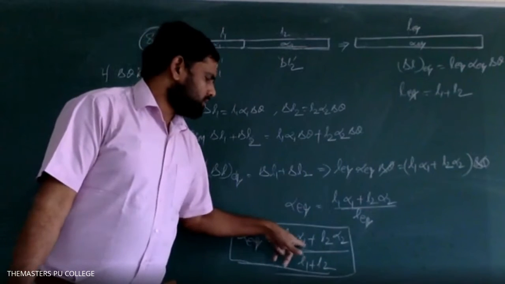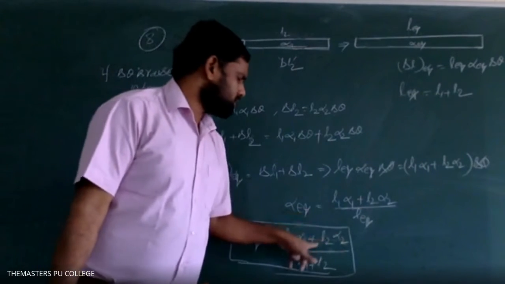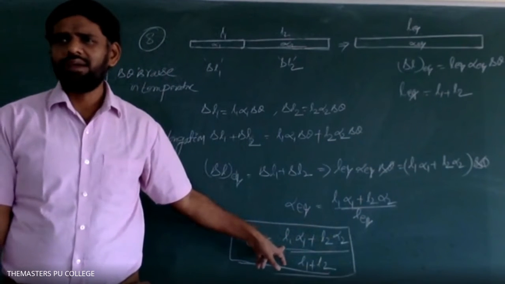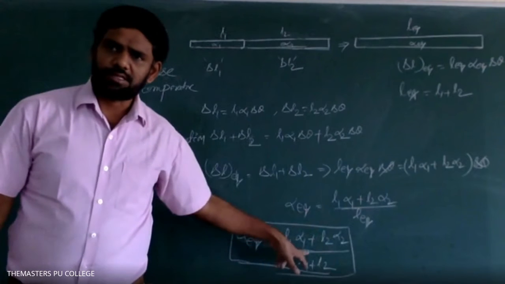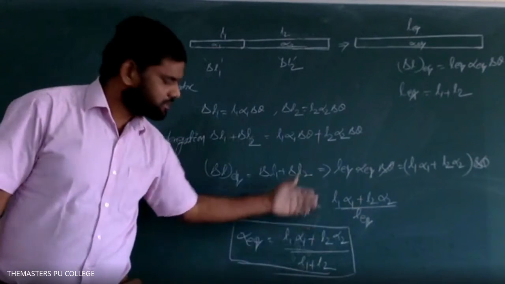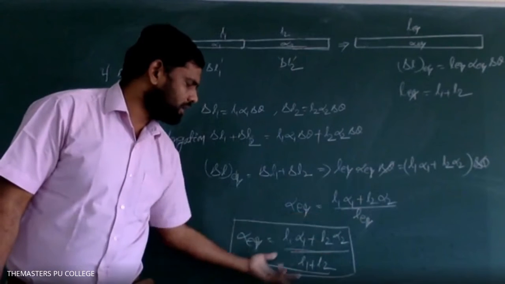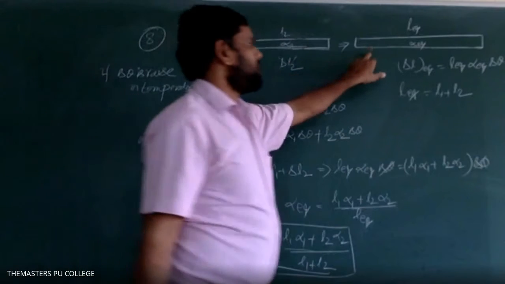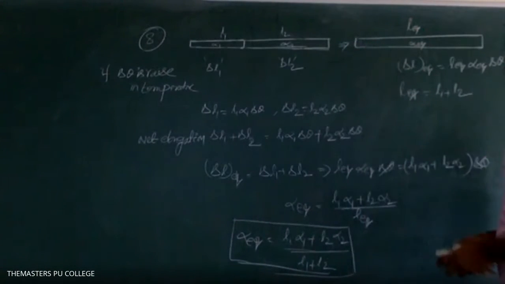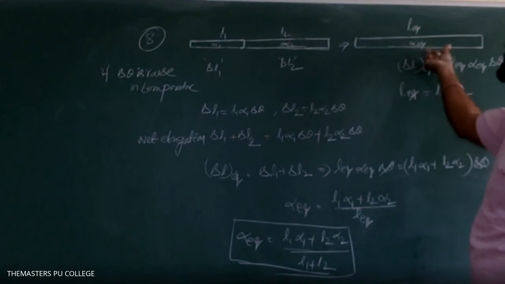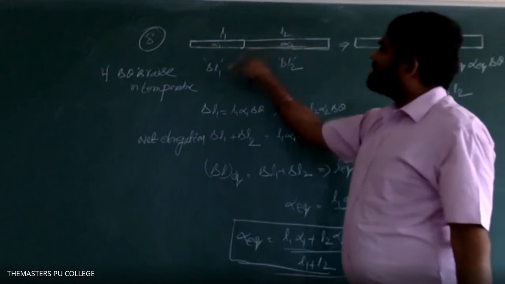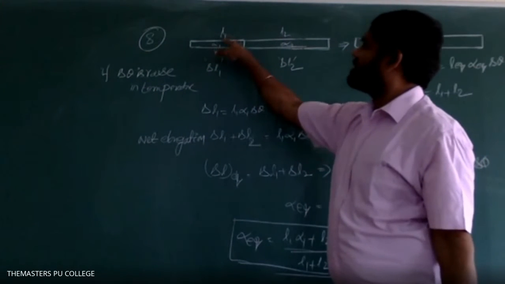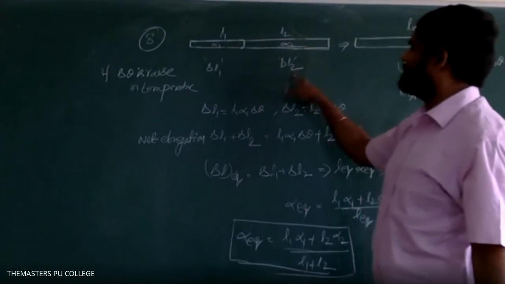Here L1 alpha 1 stands for the first rod, L2 alpha 2 stands for the second rod. In the problem they have given the two rod lengths and the coefficients of linear expansion. Just substitute these values and you can get alpha equivalent. So this is an equivalent rod, and this equivalent rod will elongate the same as these two rods elongate combined. Delta L1 is the elongation of the first rod and delta L2 is the elongation of the second rod.